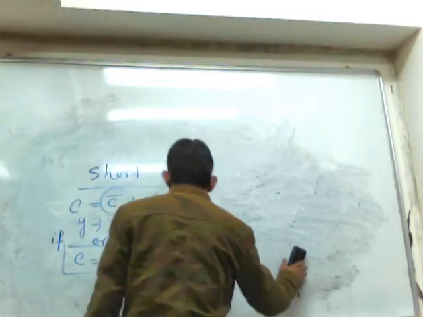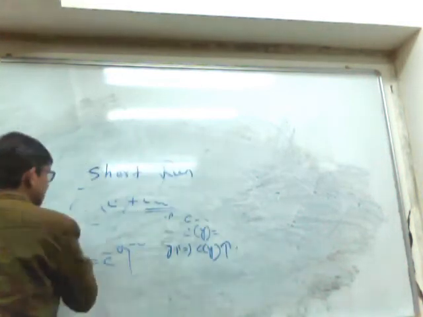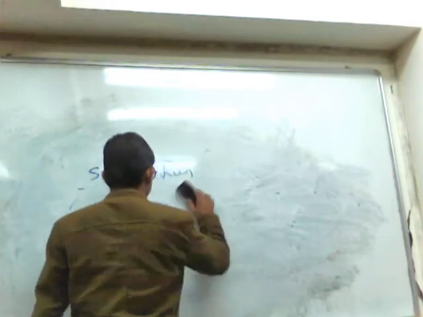So now we will come to the graphical explanation of the short-run cost function.